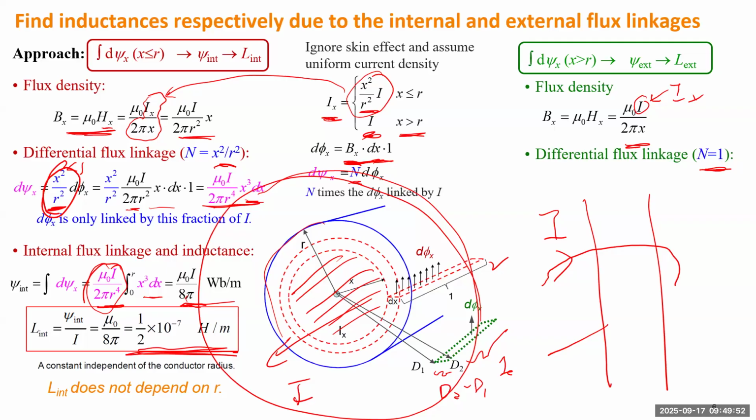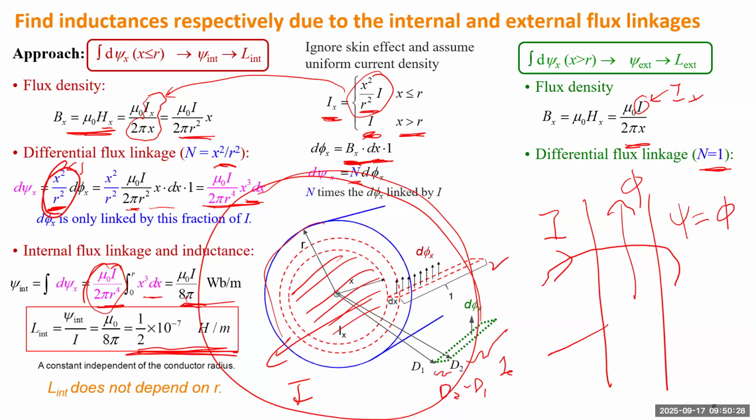We only study the conductor as a cylinder, so it is only coupled with the magnetic flux phi. So the flux linkage psi is exactly phi, because it's equal to phi multiplied by 1, with N equal to 1. This is the case for external. So for external, we just treat psi to be the same as phi, because the current is coupled with phi only once. But inside, that's very tricky.